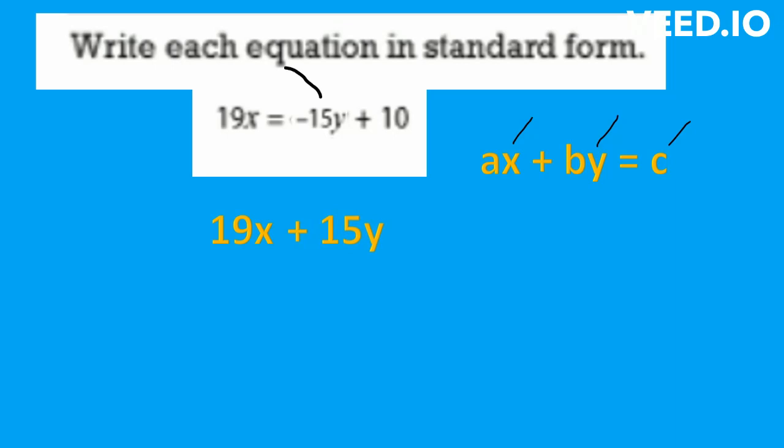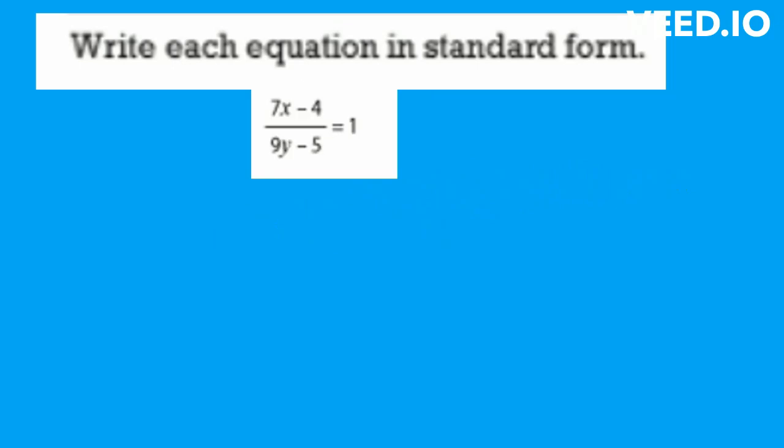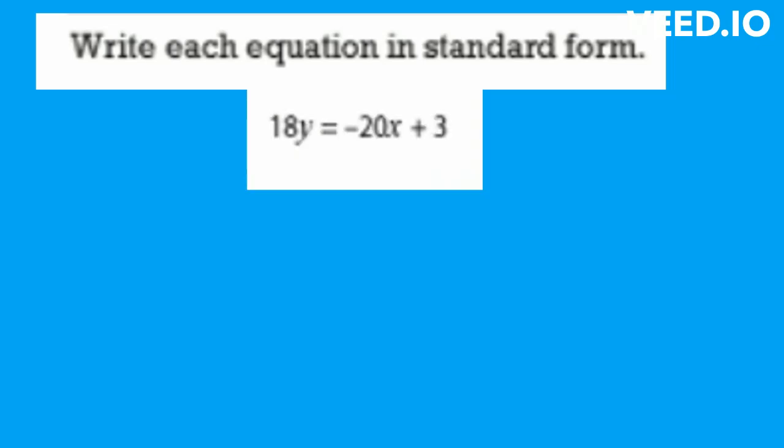On the right hand side, we took this away, so we are left with only 10 here. Be careful of the sign. So that makes 19x plus 15y equals 10. So we have converted it into the standard form. Now let's work together on one more here.